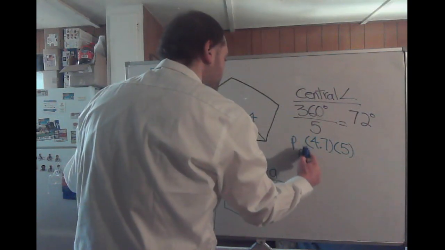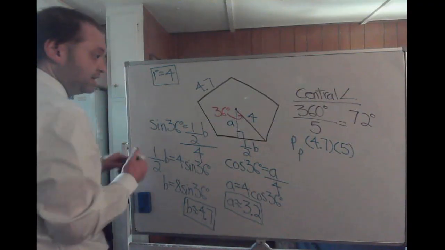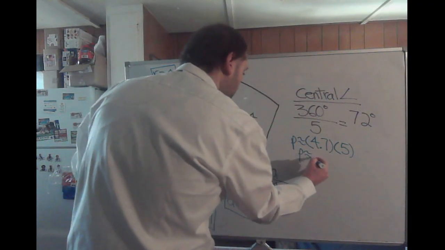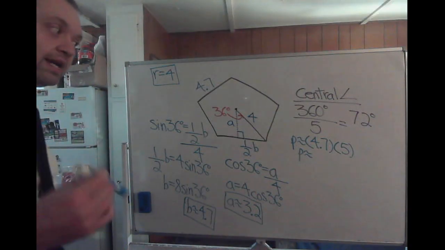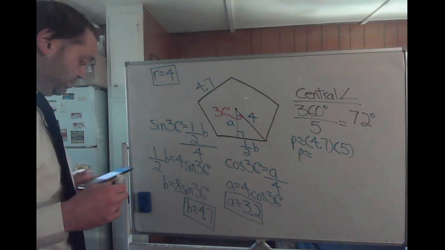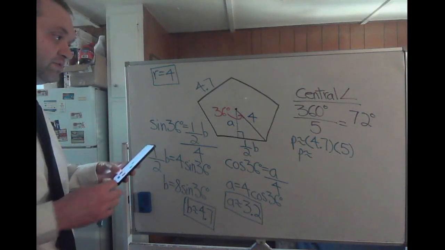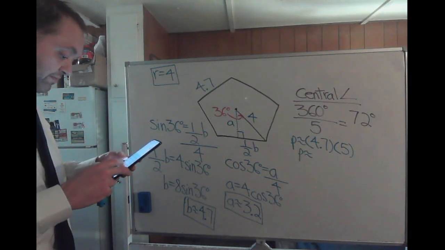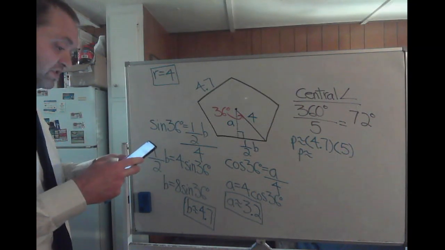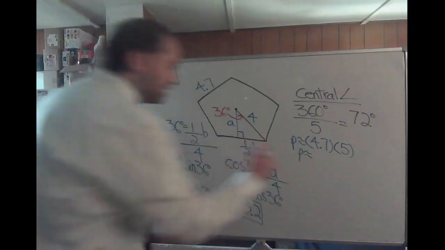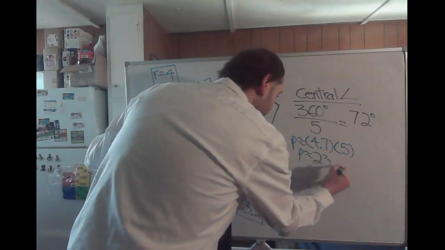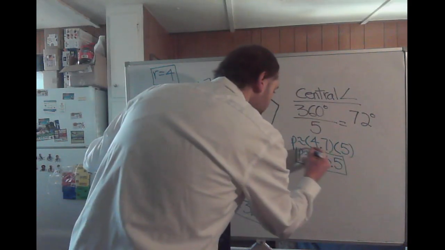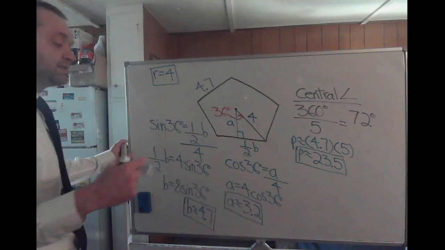Everything here is going to be an approximation, unfortunately, because trigonometric values for the most part are non-terminating, non-repeating numbers, so we almost always have to use approximations for them. 4.7 times 5 is 23.5, approximately. So the perimeter of this regular pentagon is approximately 23.5 units.